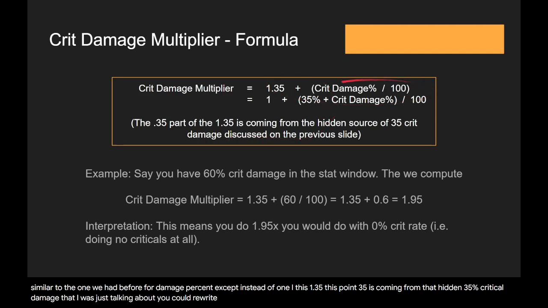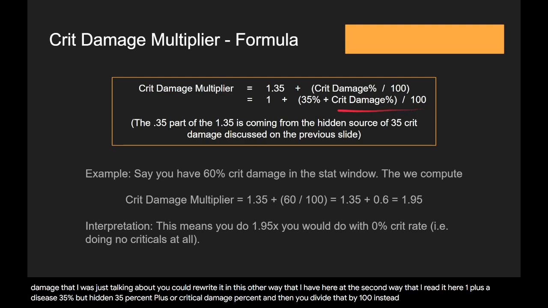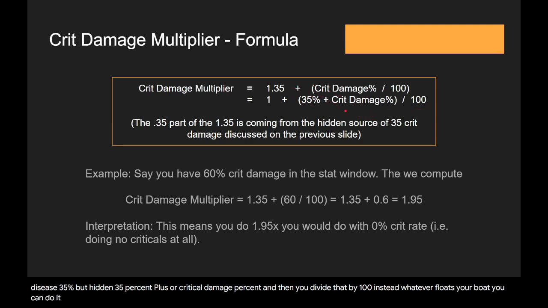You could rewrite it in this other way, the second way that I wrote it here: 1 plus, in parentheses, that hidden 35% plus your critical damage percent, and then you divide that by 100 instead. Whatever floats your boat. I usually use this first way, but do whatever you want.